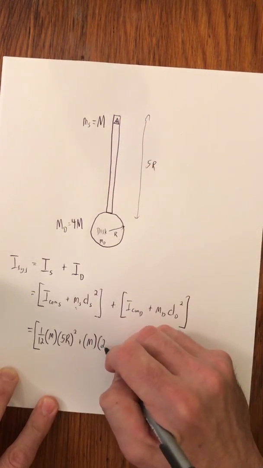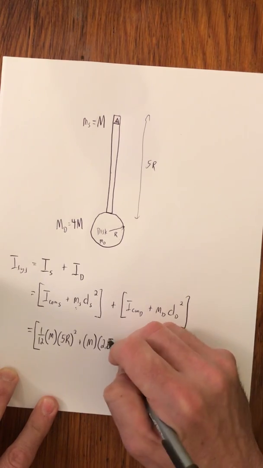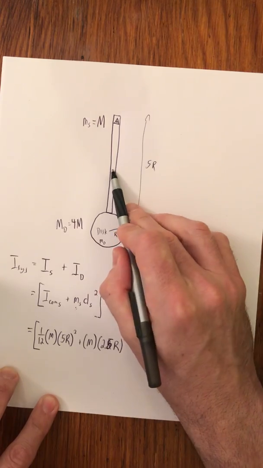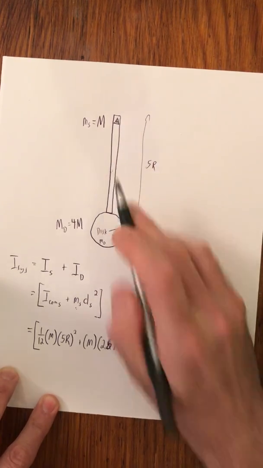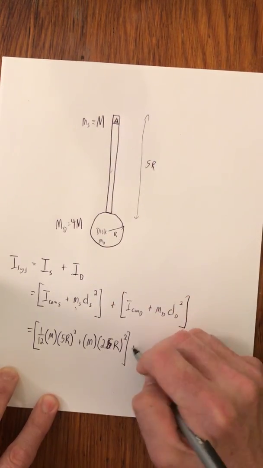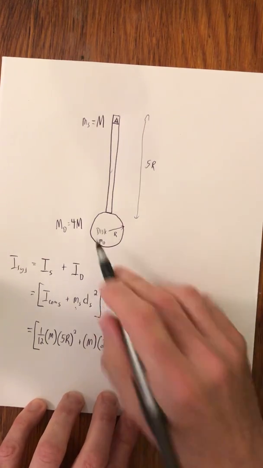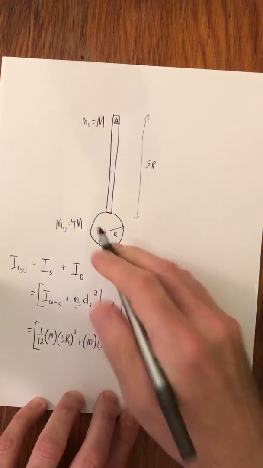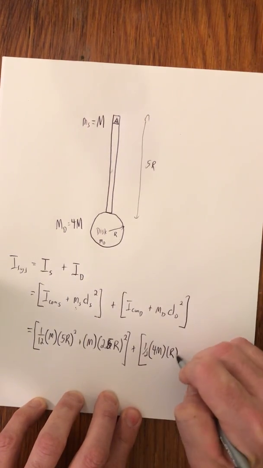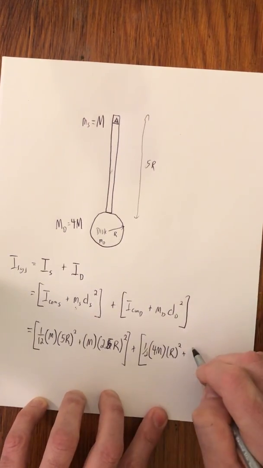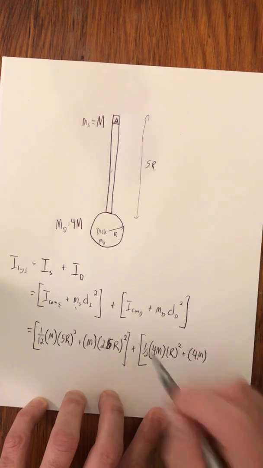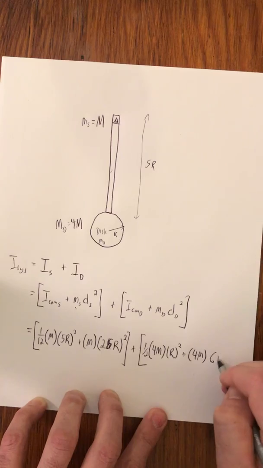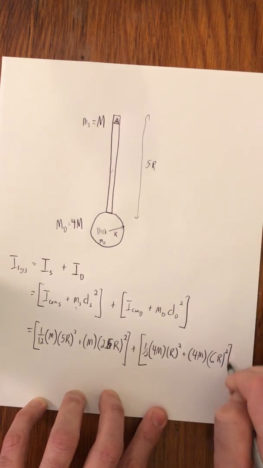That's going to be 2.5 R squared, because that's how far where I'm rotating the system about is from the center of mass of the stick, plus, and now a disc, which is 1/2. Well, mass of the disc is 4M. The disc's radius is R, quantity squared, plus mass of the disc, 4M. The shifting factor, so let's say that's 6R quantity squared, and there you go.